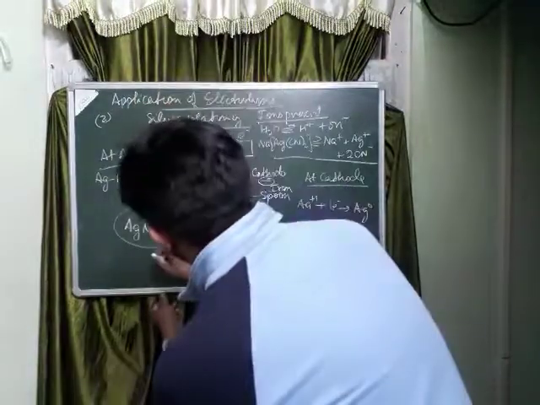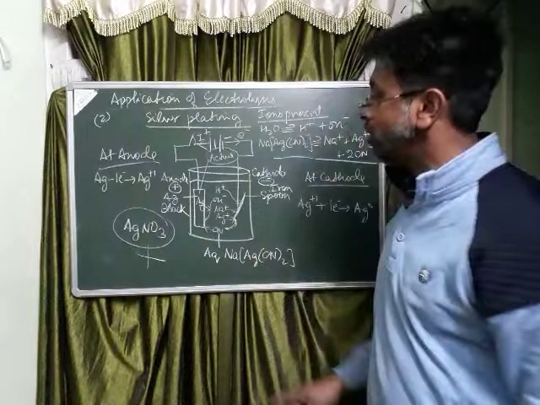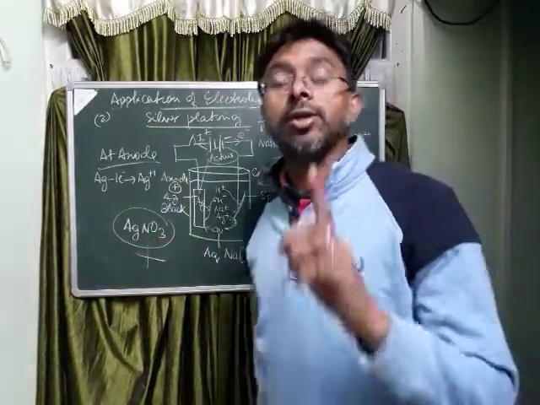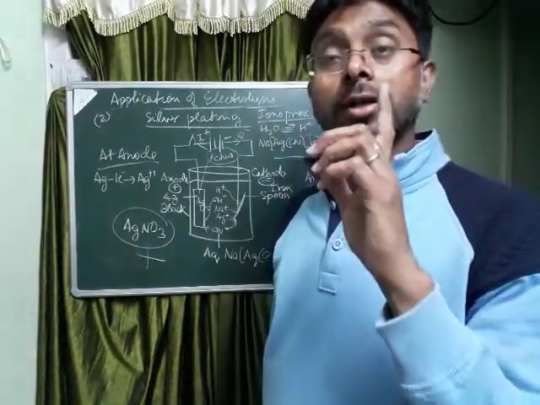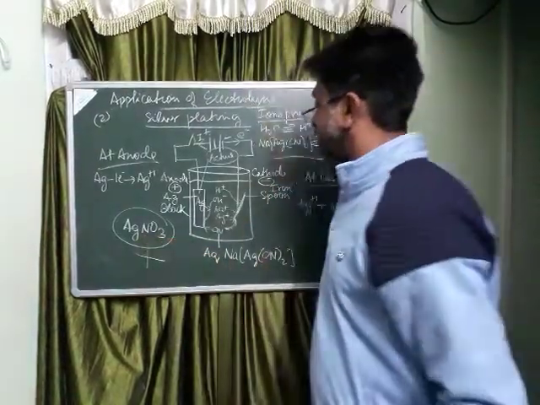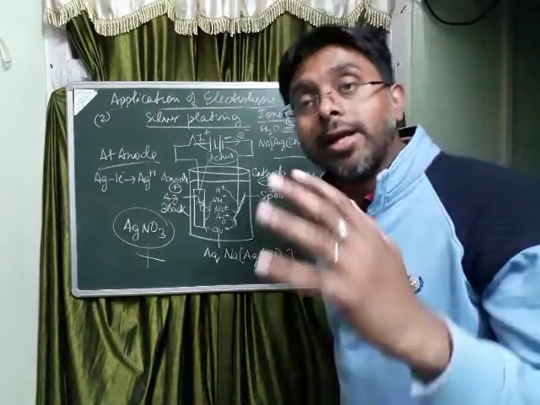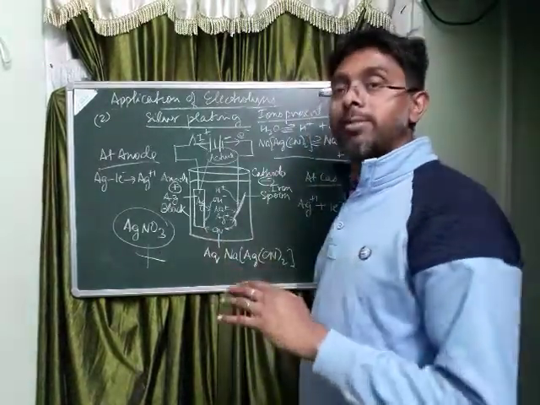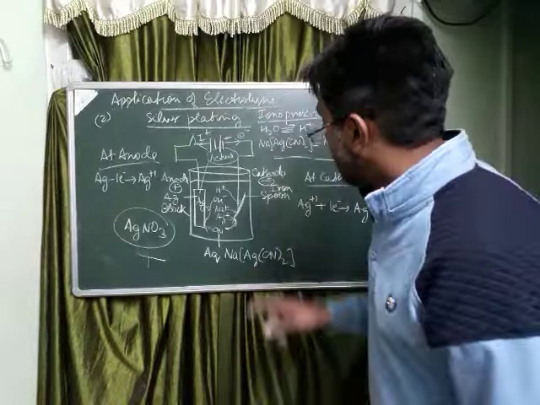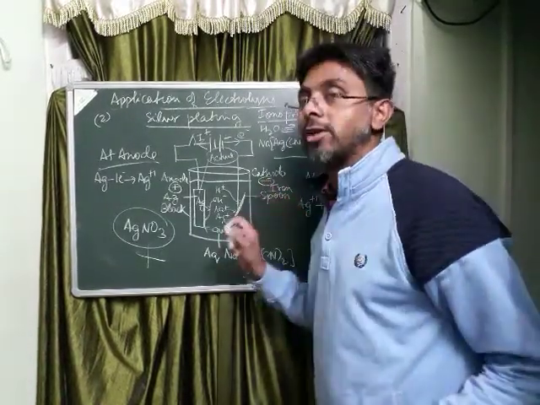We don't use silver nitrate as the electrolyte instead of sodium argentocyanide because silver nitrate is a strong electrolyte. It is a very strong electrolyte. So what will happen? If I use silver nitrate, then the electrolytic process becomes very fast. It becomes so fast that there will be uneven deposition of silver on this iron spoon.